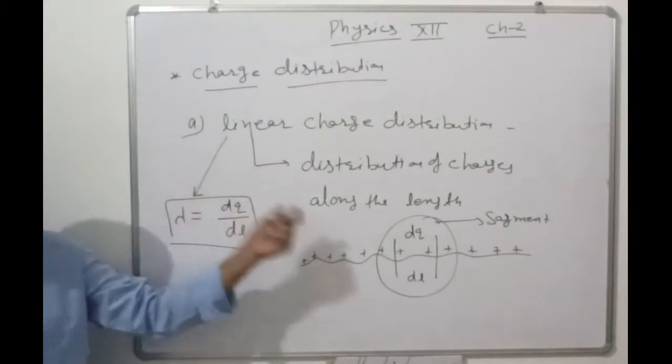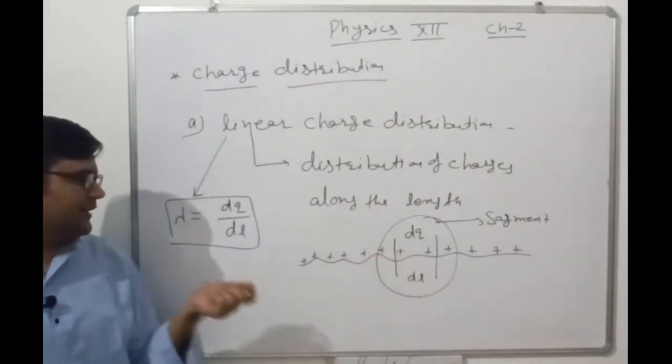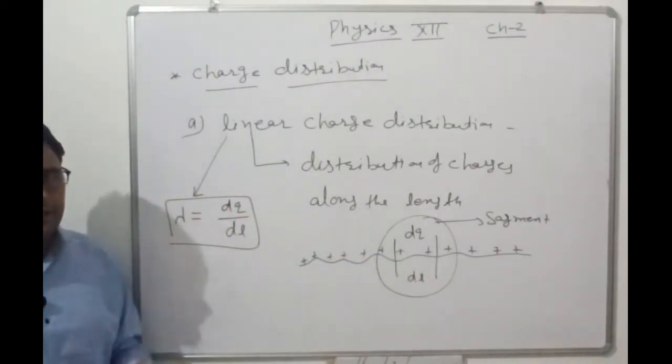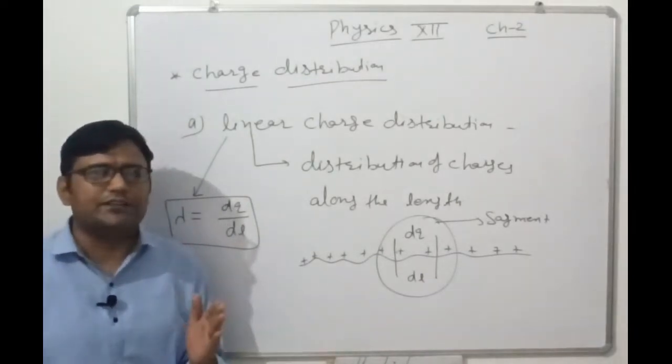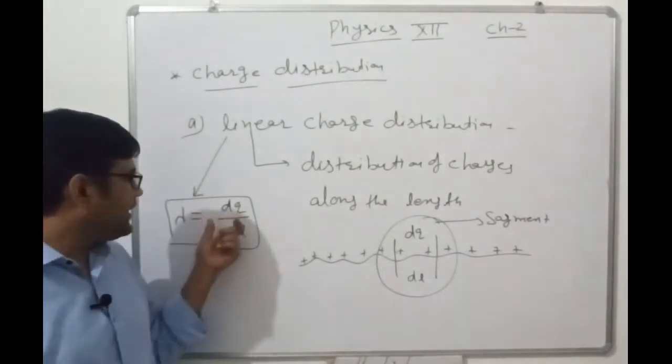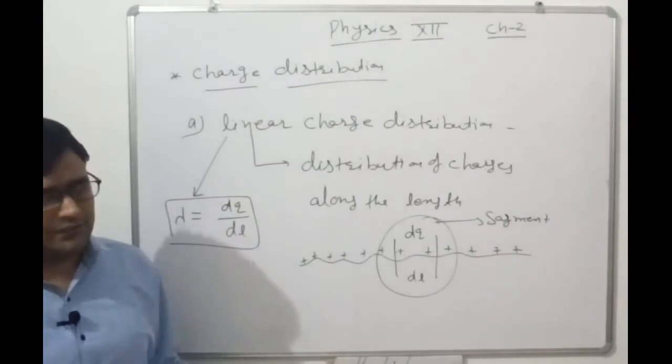Now the charge density for that particular segment is dq upon dl, and the charge density is always defined in terms of the net charge upon the total length. Clear?